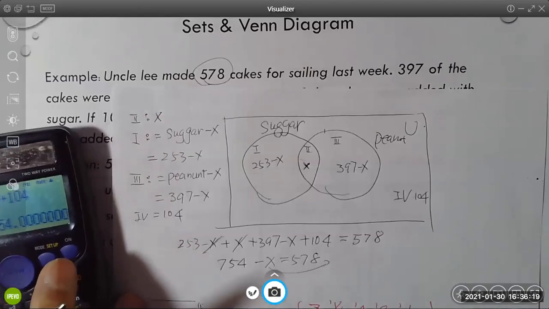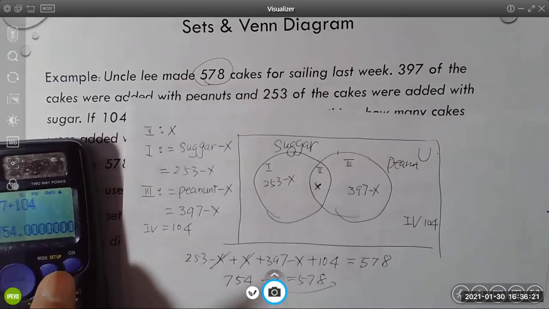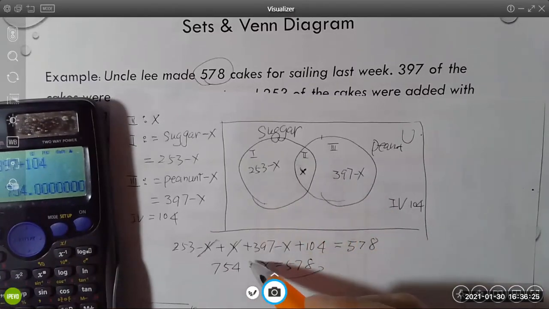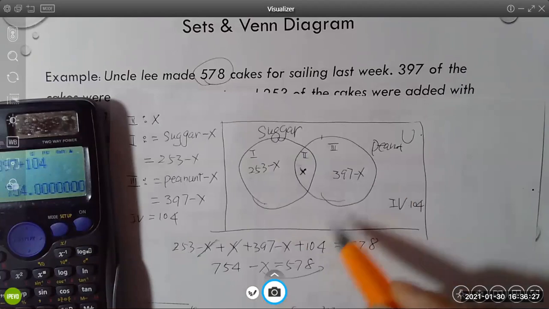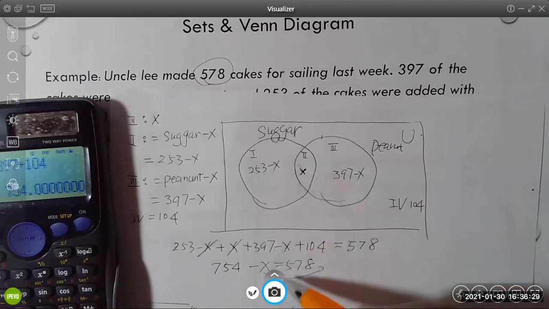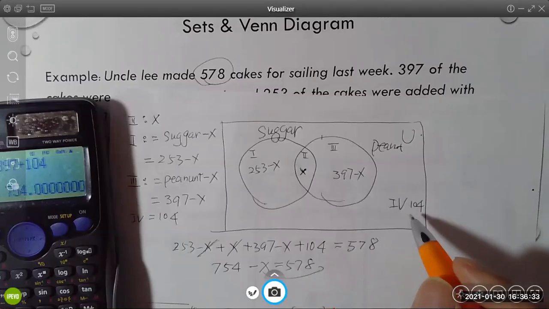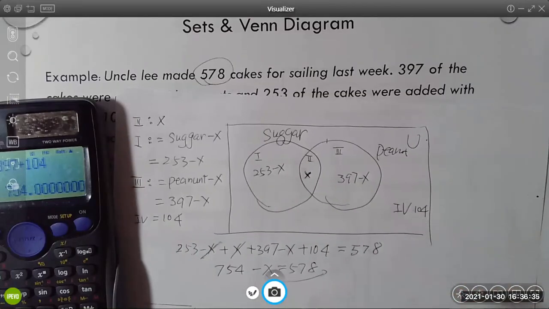Let me see if I read anything wrong. 253 minus X and plus X, 397 minus X. That's right. Then plus 104, that is right. 578, yeah. 754.